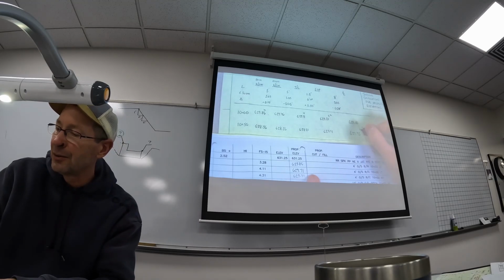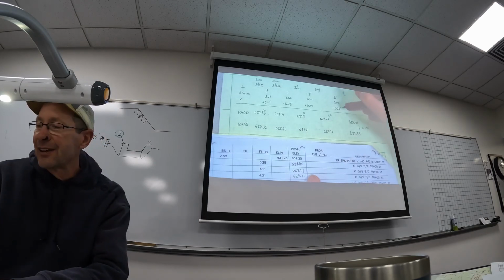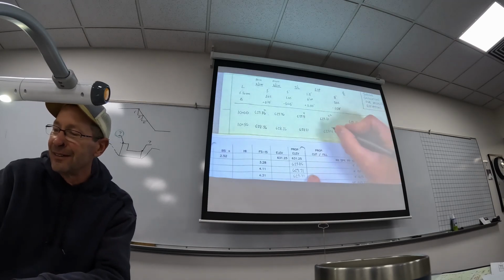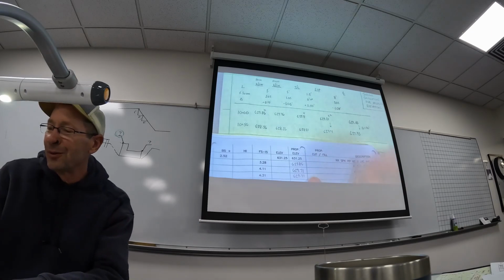It's going down this way. If we take 627.95 and I subtract 0.24, what do I get? 627.71. What's the delta between 10 and 10 plus 50 at the edge of pavement? What should it be? 1.50?